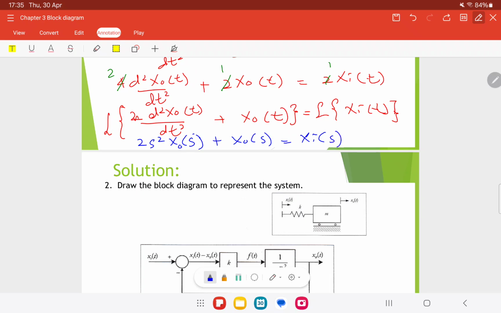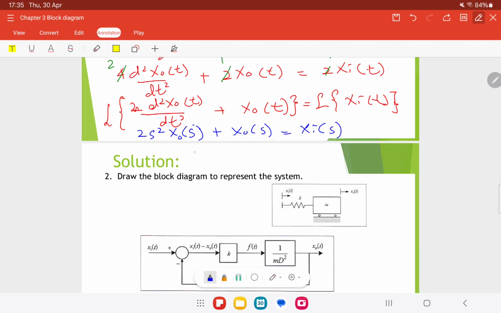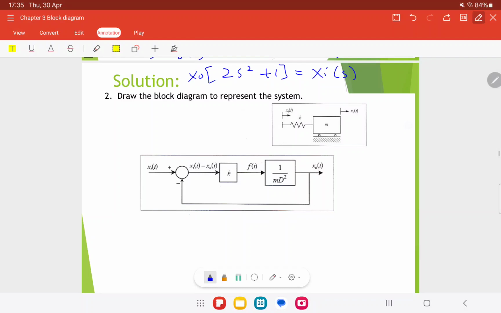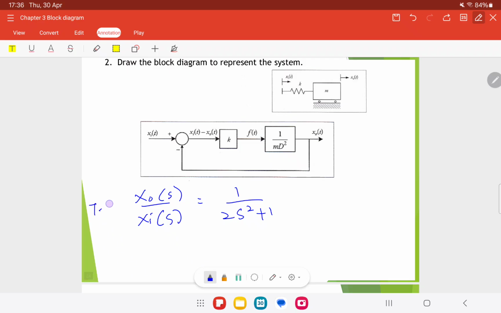Now we have x naught(s) times 2s square plus 1 equals xi(s). So x naught(s) over xi(s) is 1 over 2s square plus 1. So this is the transfer function of this system.